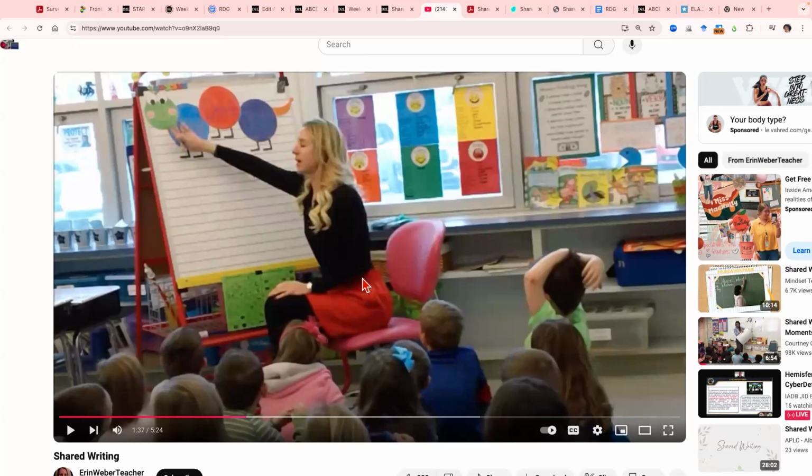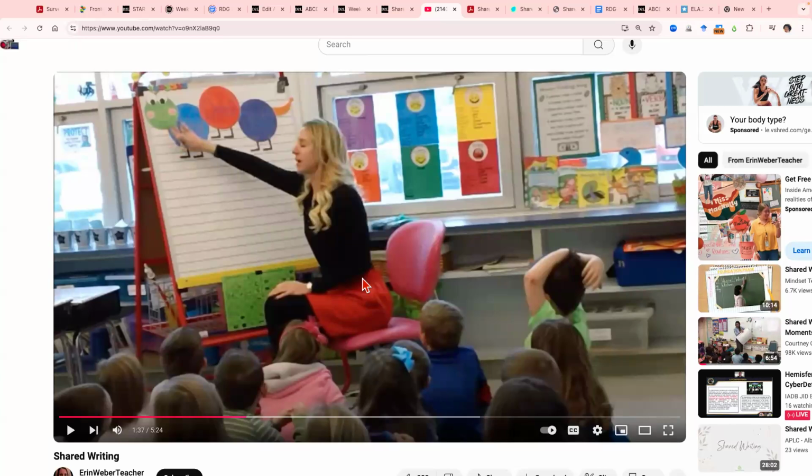She's also going to model certain specific conventions. So that's a skill, writing a topic sentence. That's part of teaching them the format of writing a paragraph. She's about to teach them how to indent, and she's using a very specific tactile method for doing that.